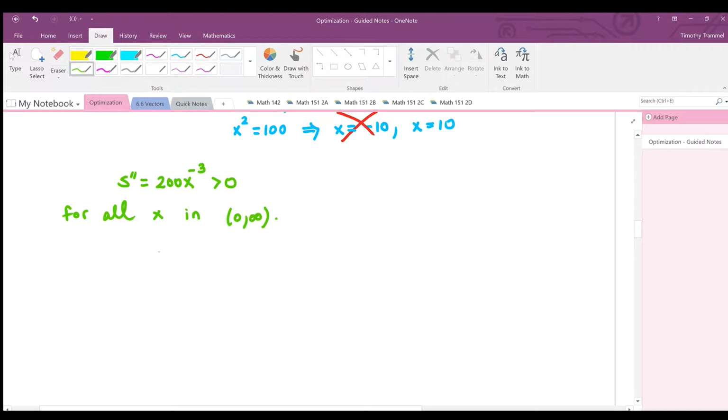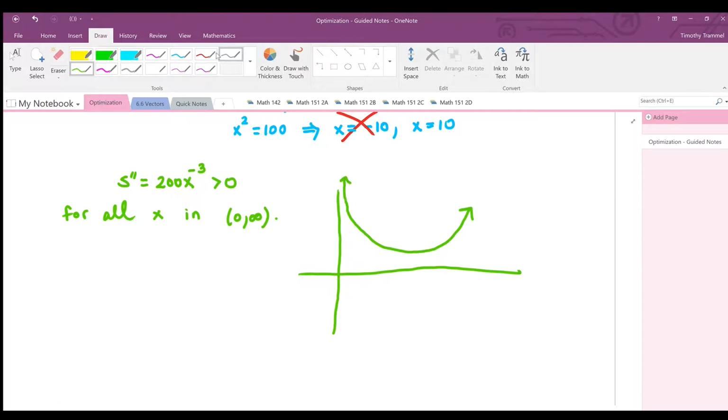And let's think about what this tells us. If this is concave up on its entire domain, 0 to infinity, it could look something like this, except for maybe we have a vertical asymptote there. Might look something like this.